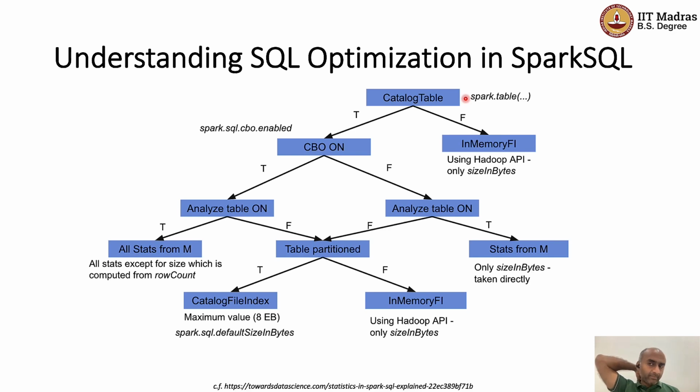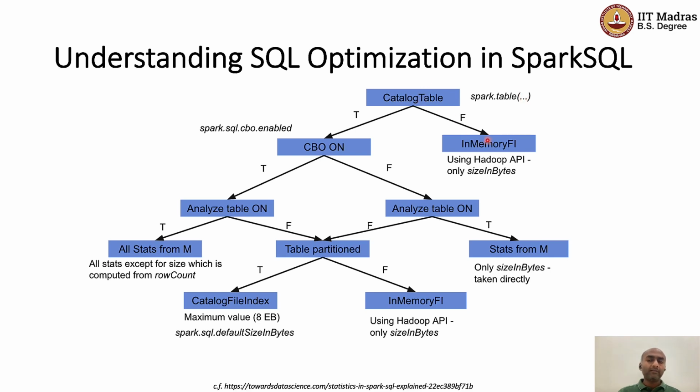In that kind of a flow, the first thing that happens is to check whether that particular table that's being referenced is a standard table that's there in the catalog in the Hive metastore, in the Spark metastore.